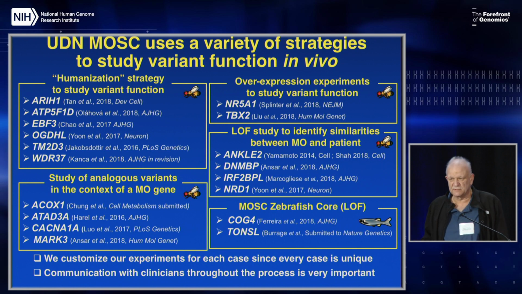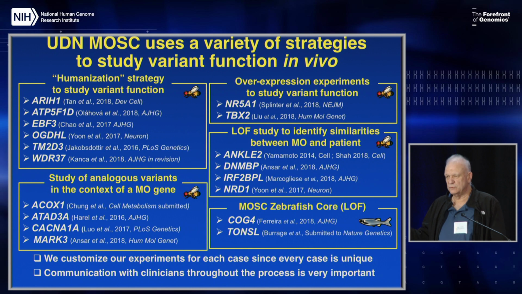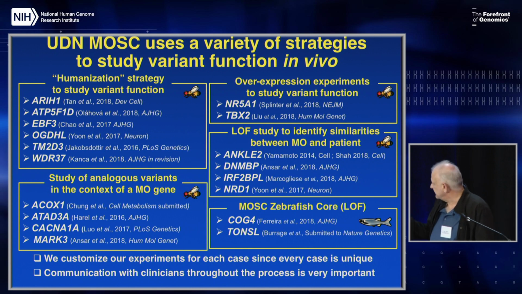We can either overexpress a human cDNA and see if the wild type is toxic and the mutant is not, or we can do a rescue with a genomic fragment and rescue the mutant in the fly with a genomic piece of DNA and put the human variant in the fly DNA. So we have a variety of approaches.